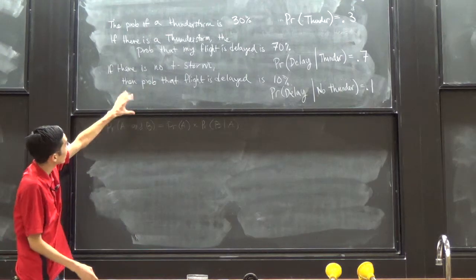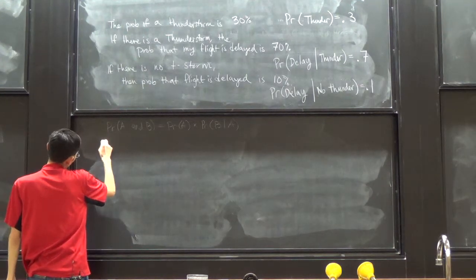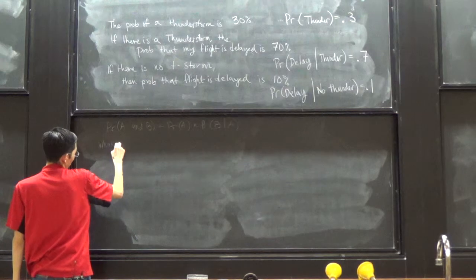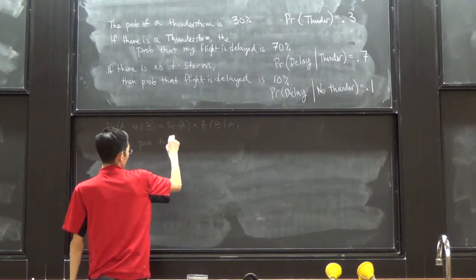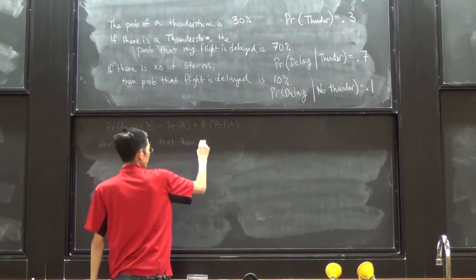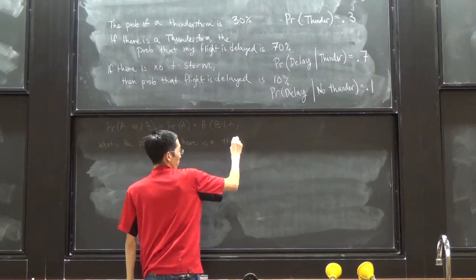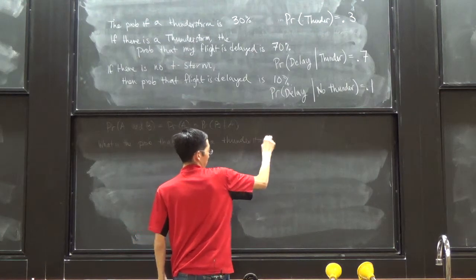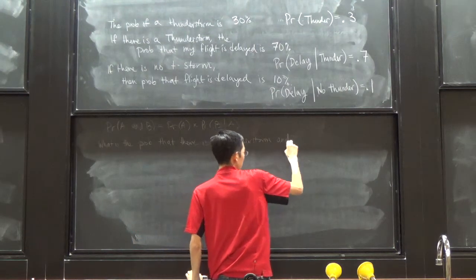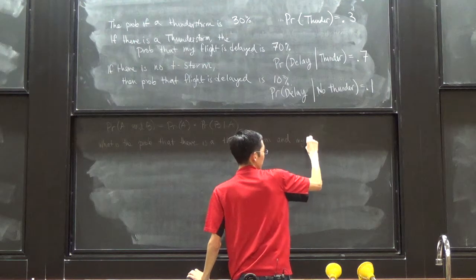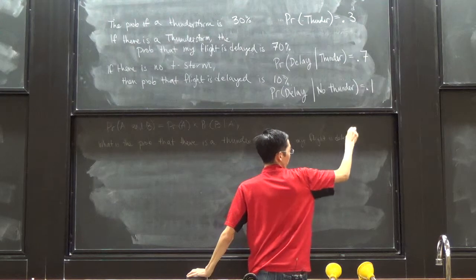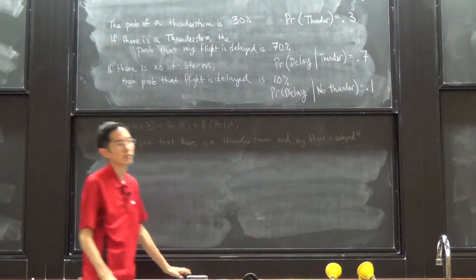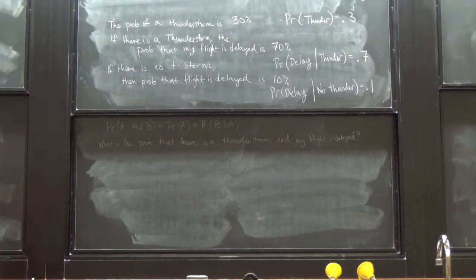So based on this information here, what is the probability that there is a thunderstorm and my flight is delayed? Well, don't shout out your answer.